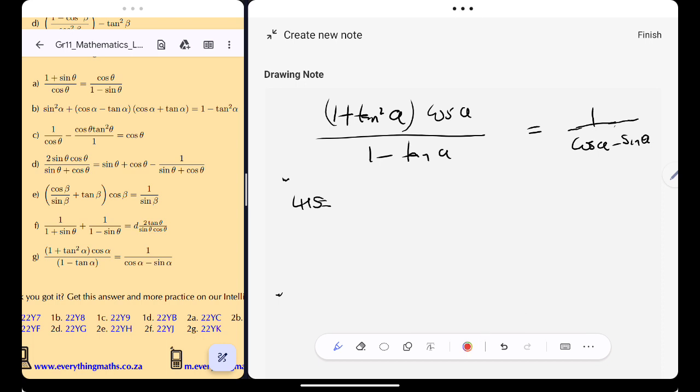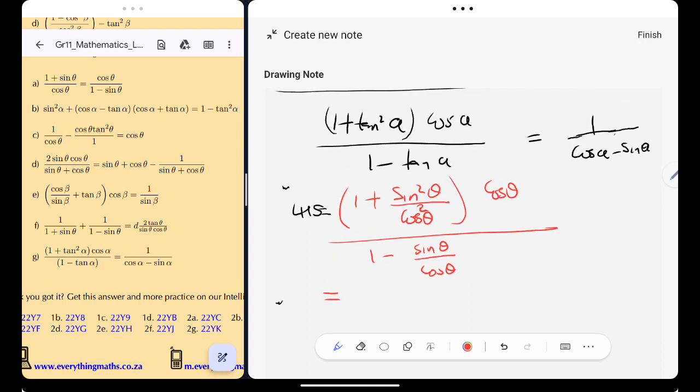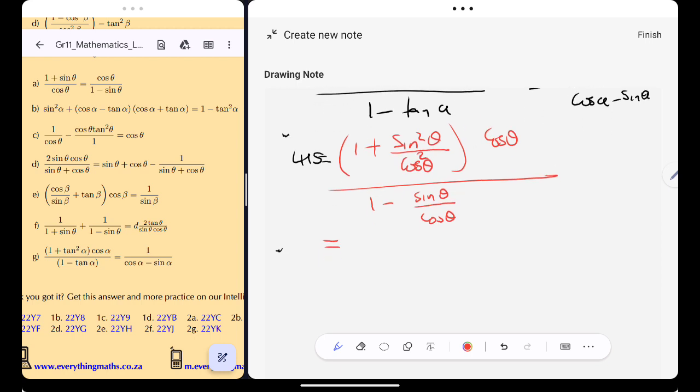Whenever I simplify the left hand side, I'll always start with my bracket first. Before I even move forward, guys, let me start by simplifying whatever is inside the bracket according to the BODMAS rules, right?